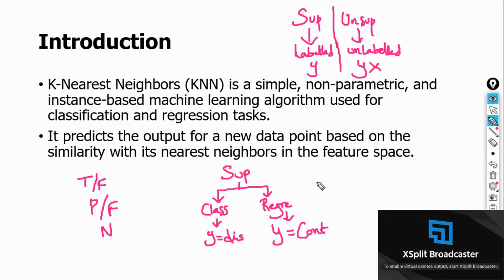Right. So what do you mean by having continuous data in the Y column? It's nothing but you predict some kind of value, say predicting temperature. Temperature can be like 30 degrees or say 30.6 degrees Celsius.